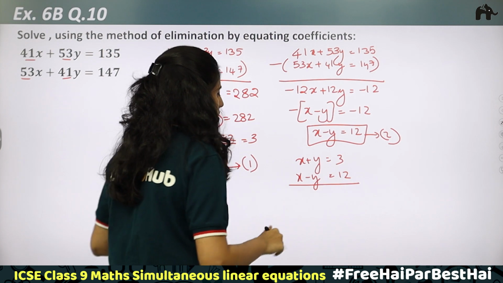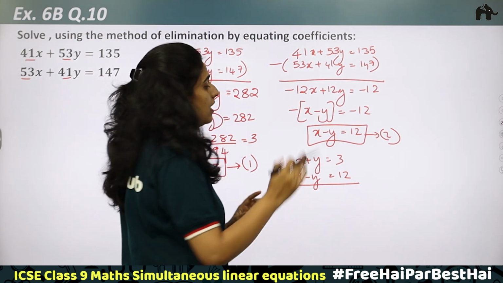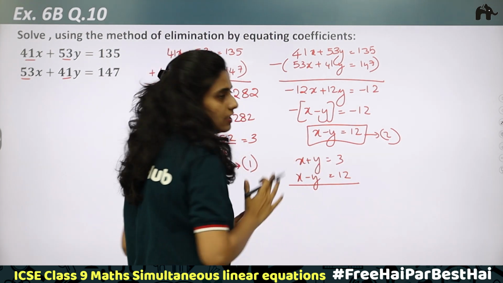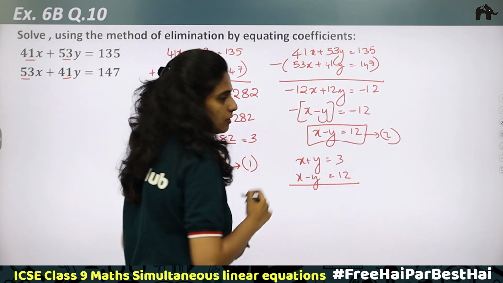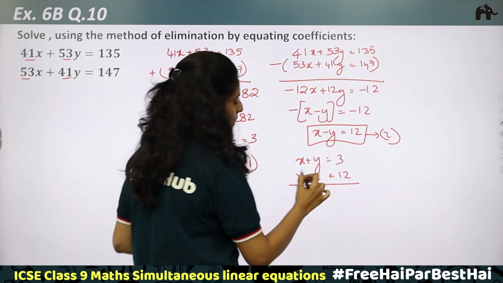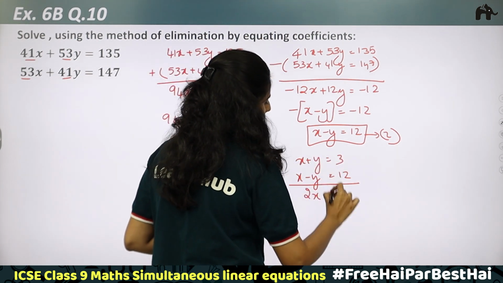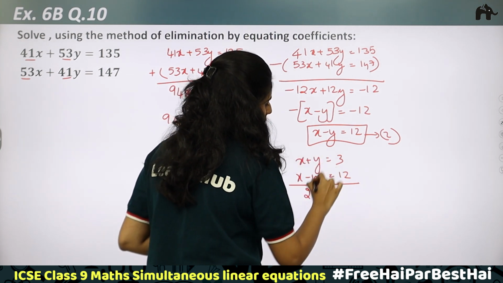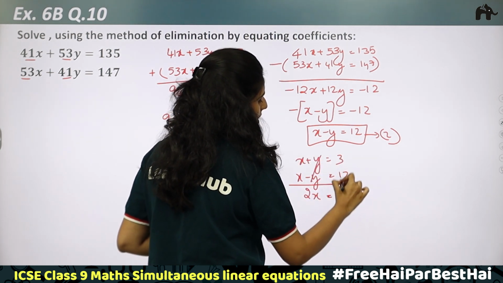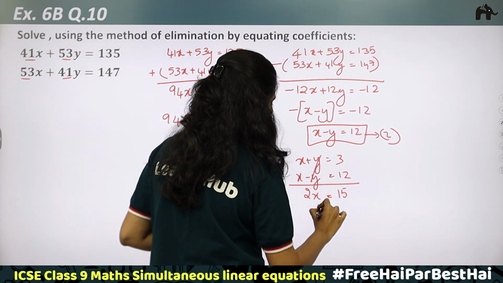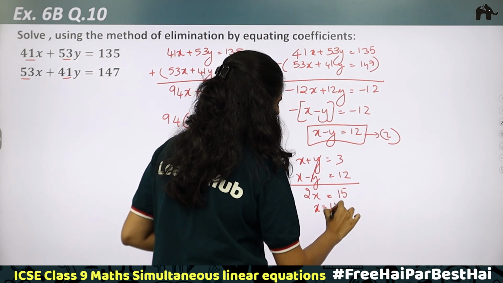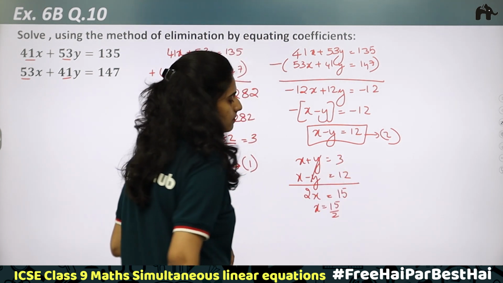If you subtract the equations, the x term will not be there. If you add the equations, then the y terms can be removed. So, x plus x, 2x, y minus y, 0, is equal to 3 plus 12, 15. x is equal to 15 divided by 2.